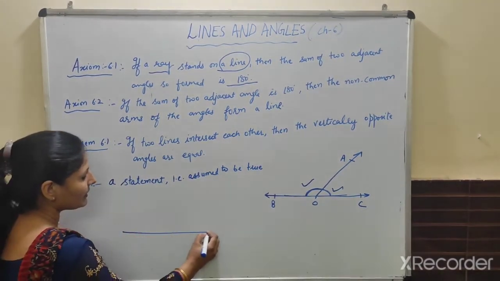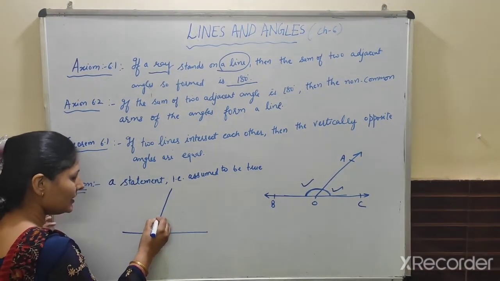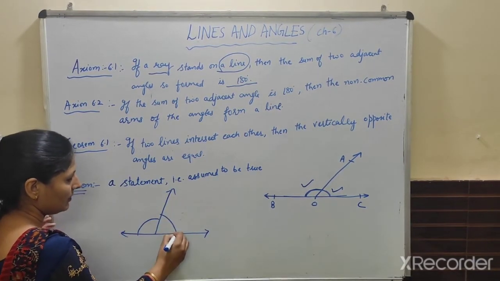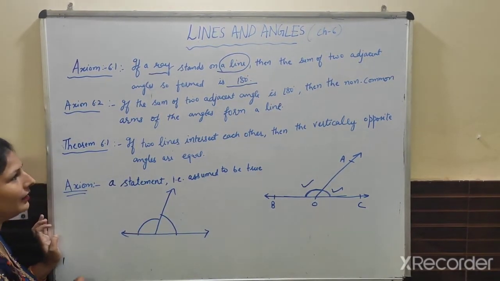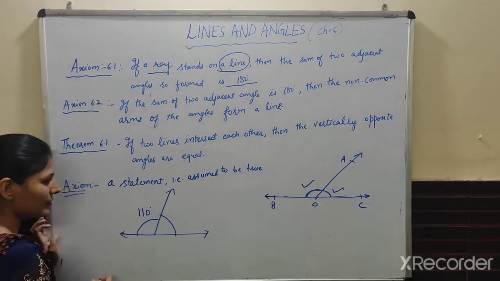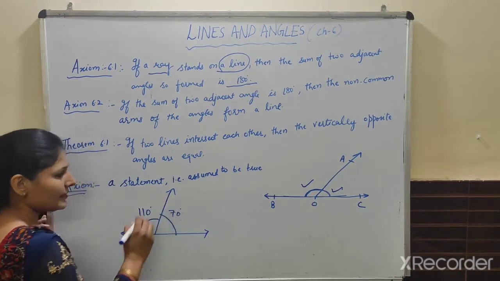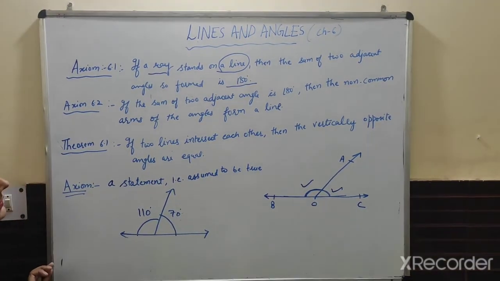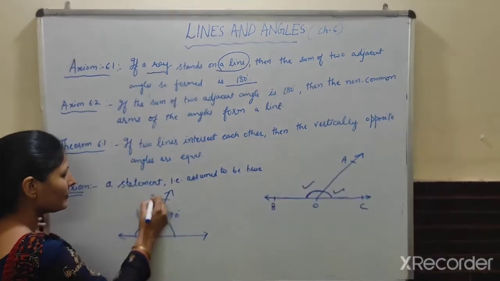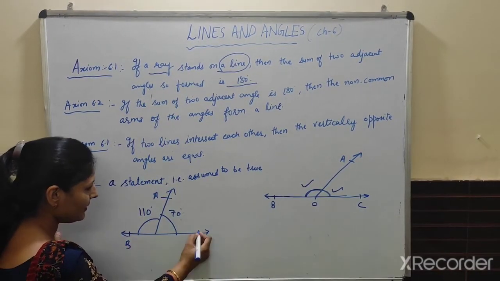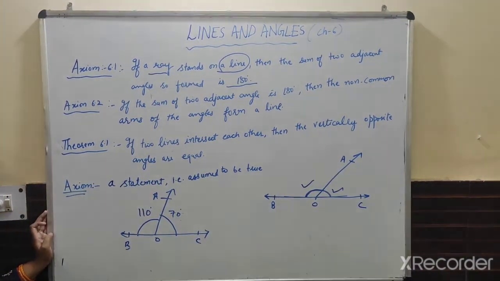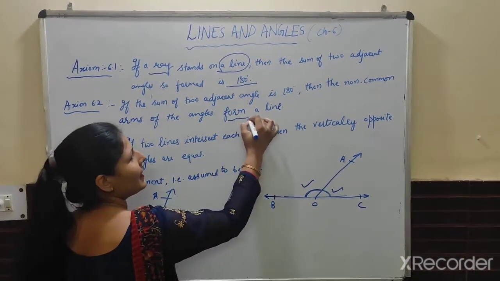If you are told these are two adjacent angles and the sum of these angles, this is 110 and this is 70, is 180 degrees, then the non-common arms OB and OC form a line.